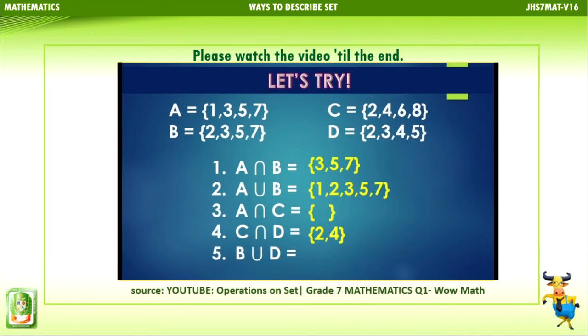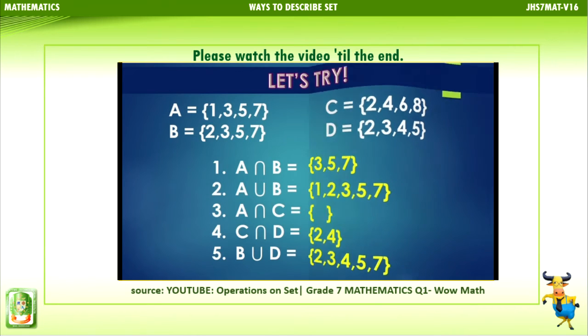And then, number 5, the union of set B and D is equal to, we will just combine all the elements. So, set B, we have 2, 3, 5, 7. Set D, we have 2, 3, 4, 5. So, therefore, the answer is, we will just combine all the elements.